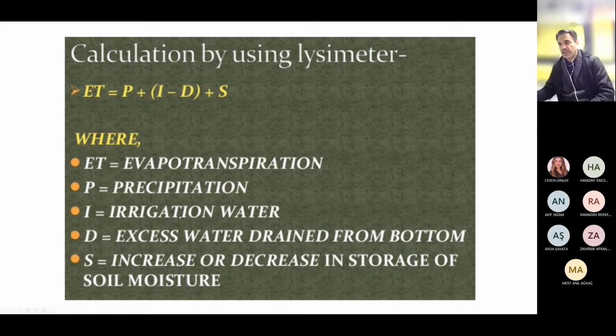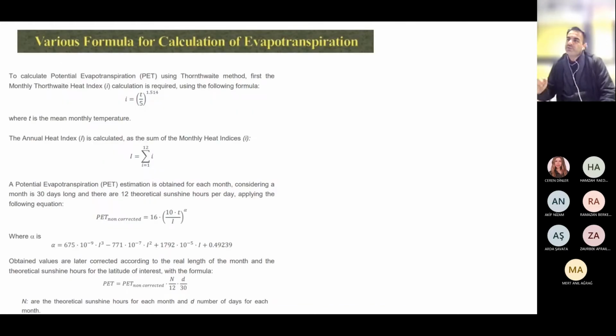Irrigation water is input, but excess water drained from the bottom is output from the system. The container is our control volume, and delta S is given here. Actually, S is the increase or decrease in storage of soil moisture. Therefore, S can appear here with a positive or negative coefficient if it is an increase or decrease in the storage of water. So this was a practical method to calculate evapotranspiration.